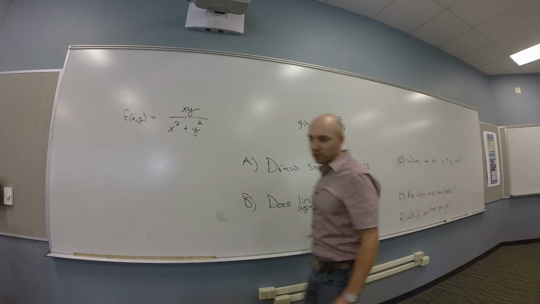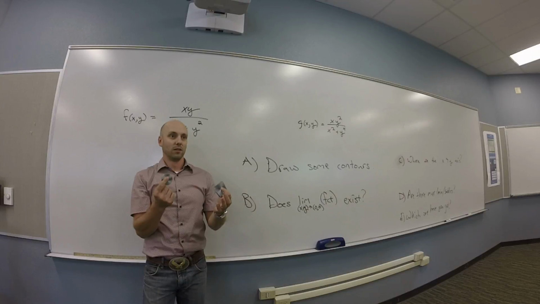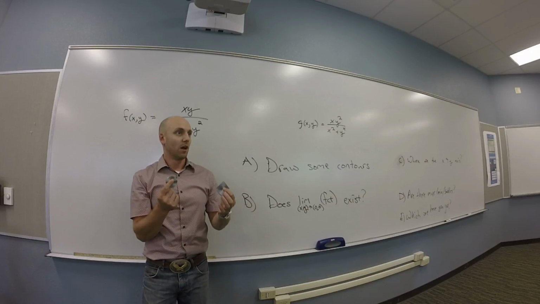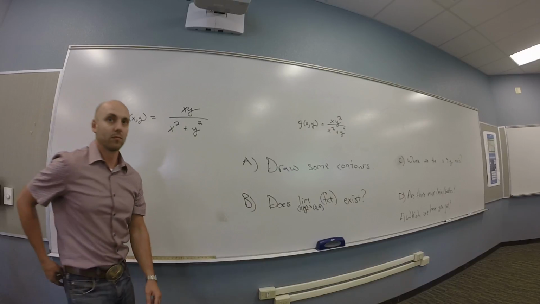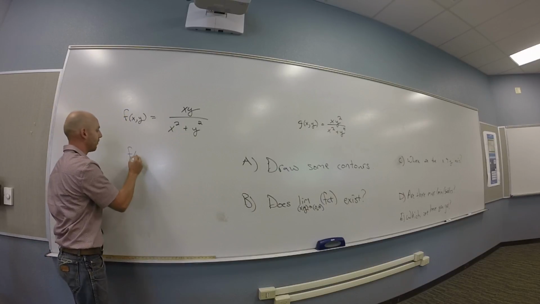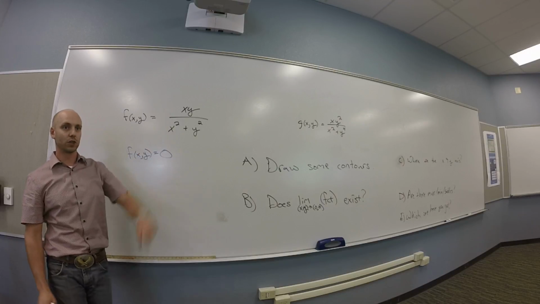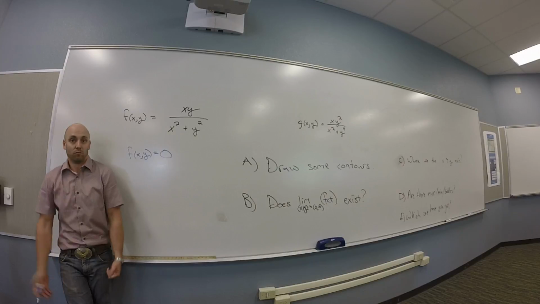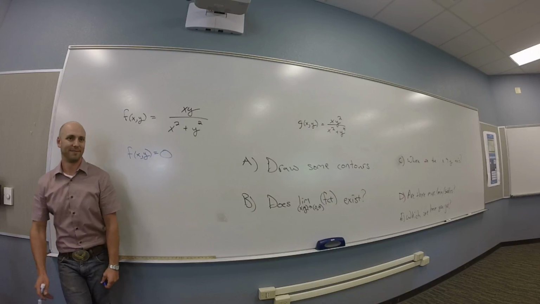All right, so the other two I have here, let's figure out which one's right. Okay, so let's try this. Let's set f of x and y equal to 0 for this first function. What do you get? You get problems. x plus y equals 0.